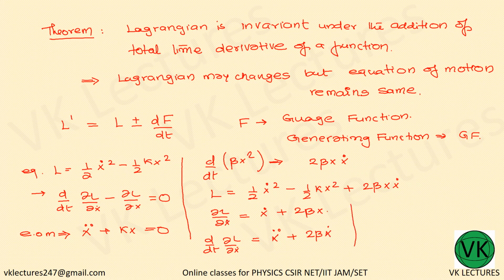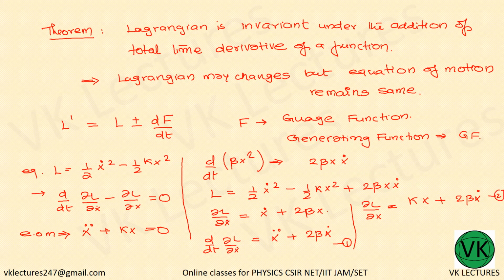Okay, now we need to find dou L by dou x, which is equal to minus kx plus 2 beta x dot. Now the equation of motion is d by dt of dou L by dou x dot minus dou L by dou x. So this is the first term, this is the second term.